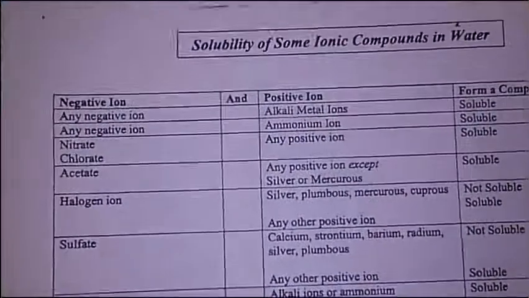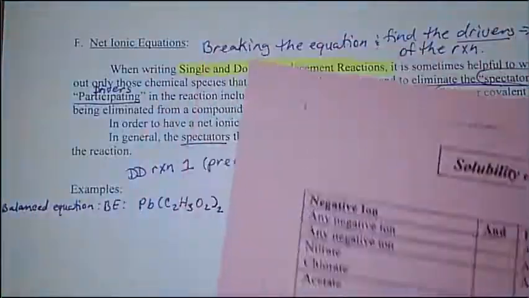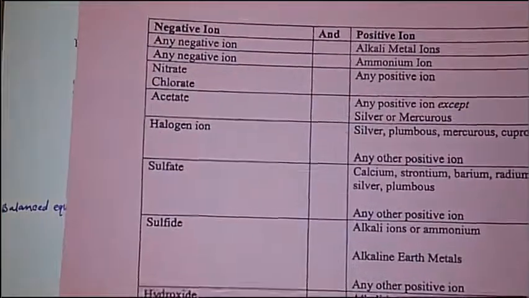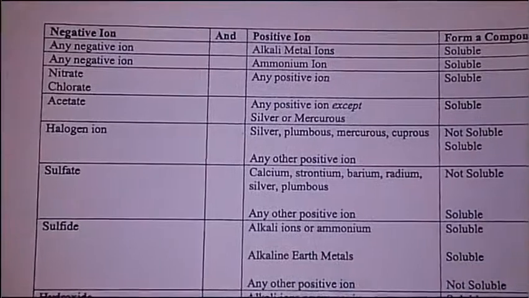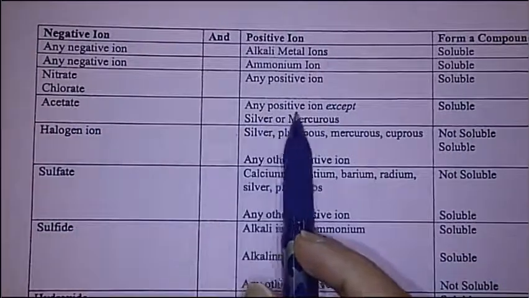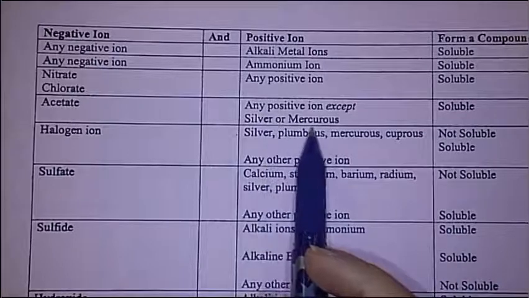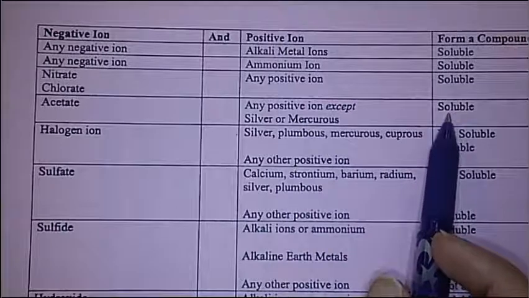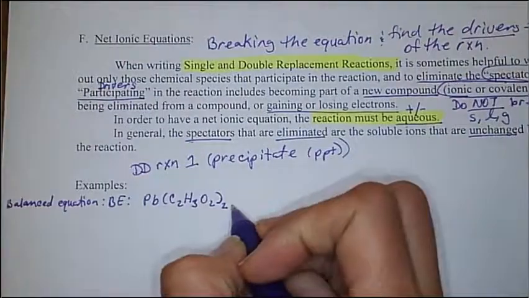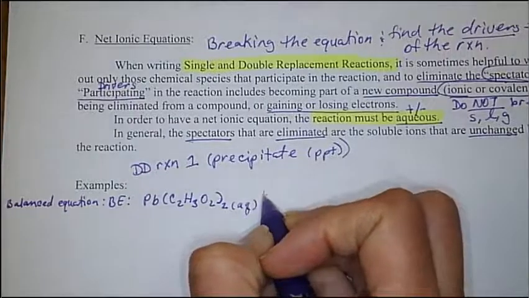We're looking up acetate on our chart. It is right here. Acetate, when it reacts with any positive ion except silver and mercurous, is soluble. My acetate is reacting with lead, so it's soluble, so it will be aqueous, or aq, for solubility.